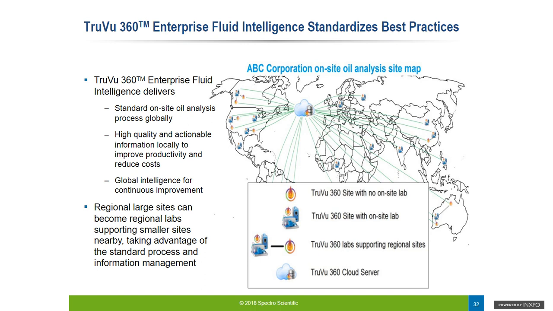One thing I'd like to point out as well is that within the TrueView 360 framework, any local install of the MiniLab system can easily be turned into a regional lab, if you will, because the local site that has no MiniLab can simply log in with their database into the TrueView, print out labels, mail in samples to the site with the MiniLab, and have that central site run their plants. So this helps companies to roll out on-site oil analysis in phases to help maximize the return on investment.